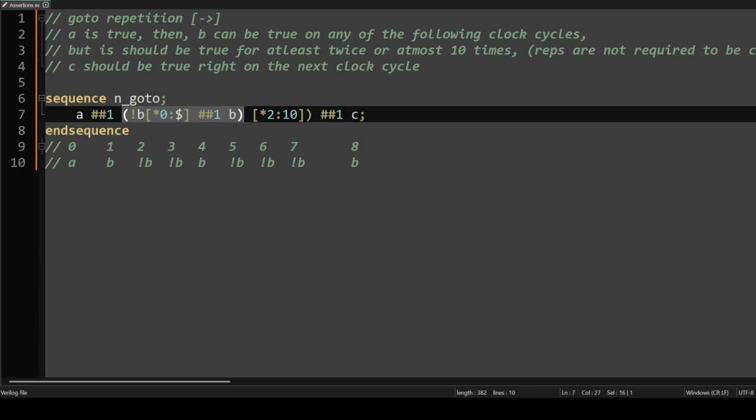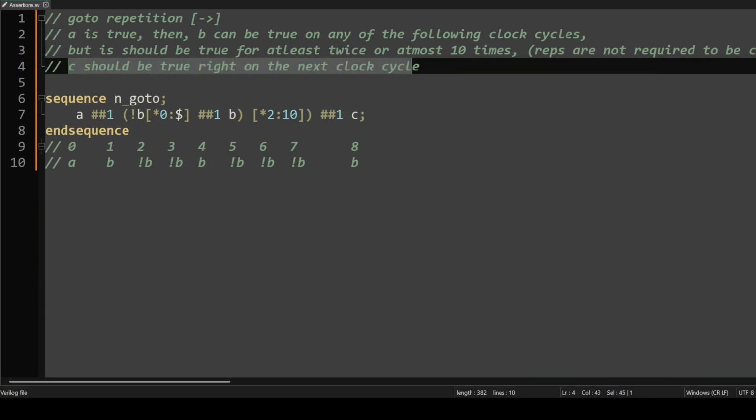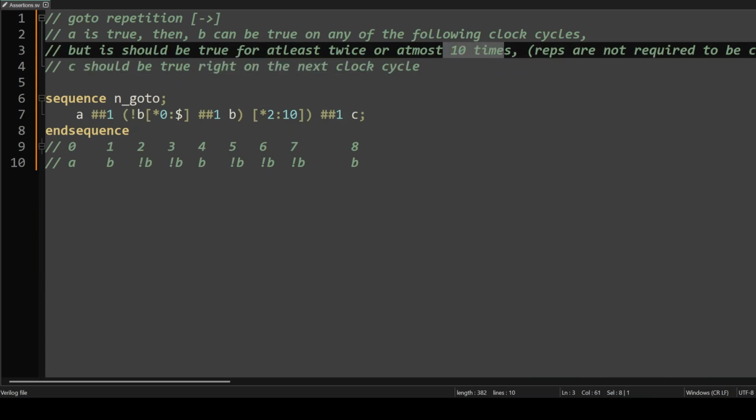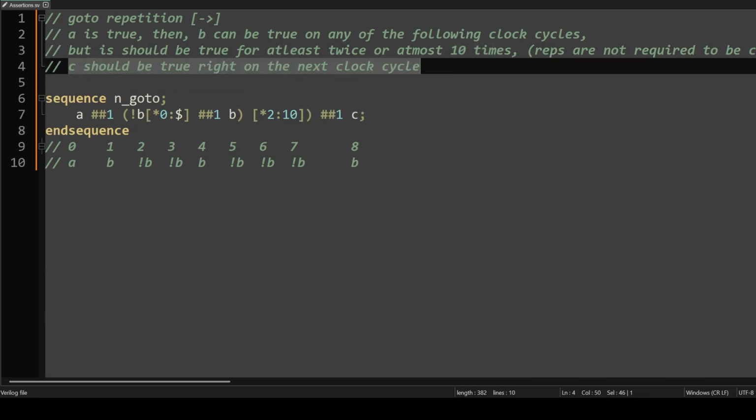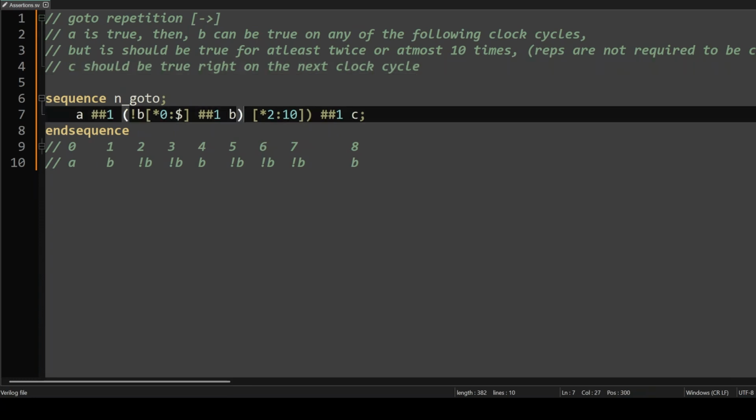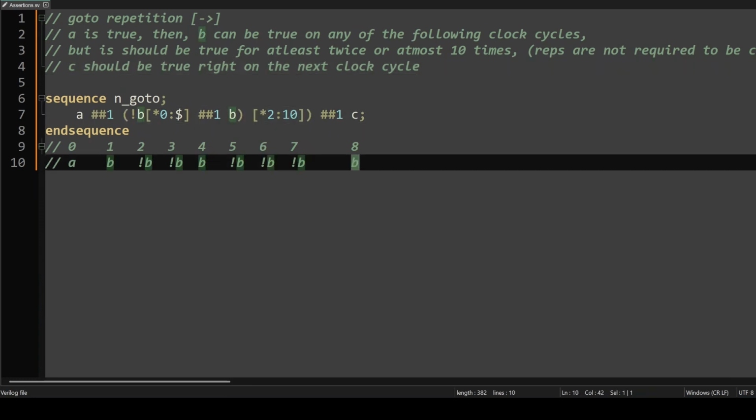So what this says, here you can see that if the condition is satisfied, then C should be true right on the next clock cycle, which means that after we detected the last B, then C is required to be true on the next clock cycle.